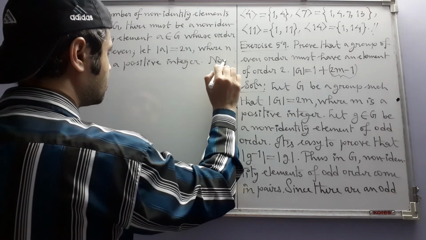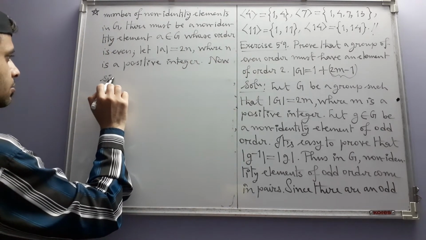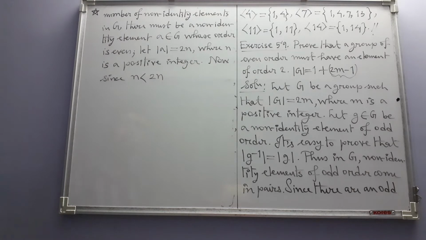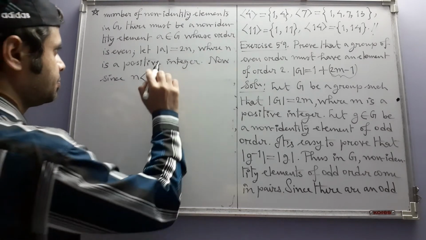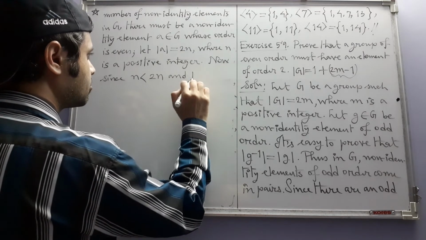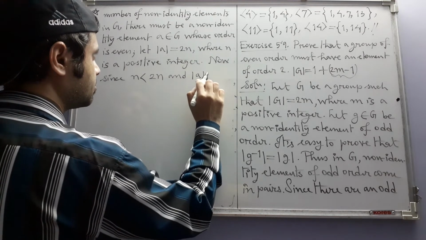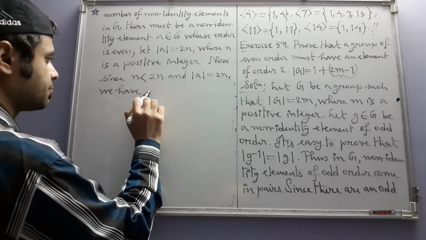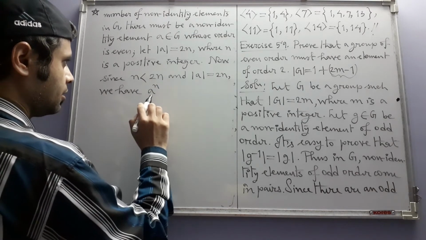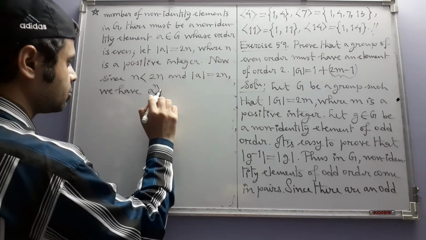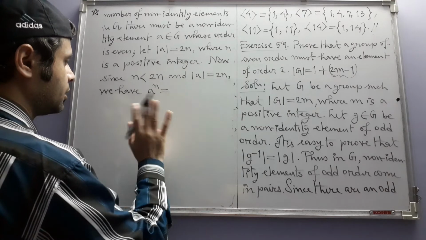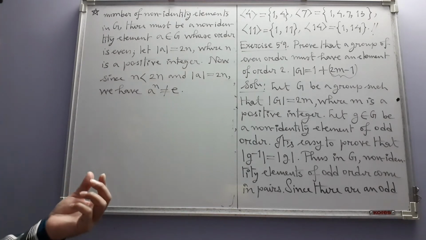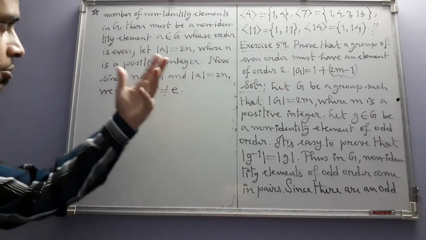Now, since n is strictly less than 2n, this is happening because n is a positive integer and the order of A is 2n, we have, A to the power n cannot be equal to identity, because 2n is the smallest positive integer for which A to the power 2n will be equal to identity.